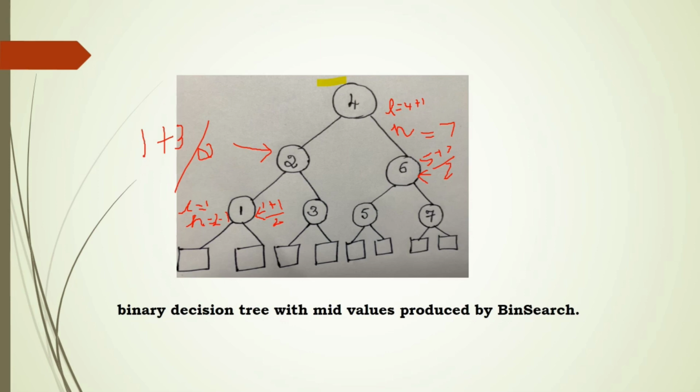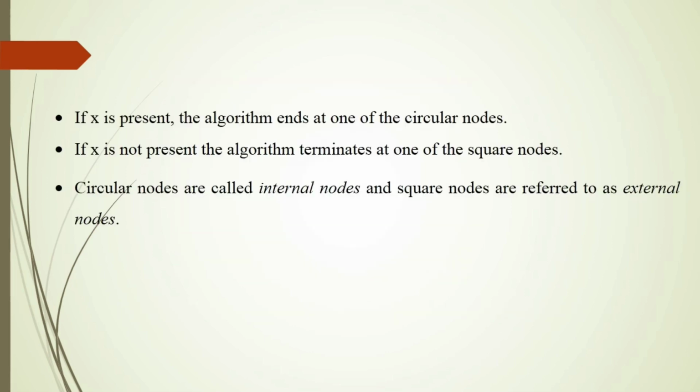Now all successful searches will end at one of the circular nodes and unsuccessful searches will end at the square nodes. If the key element X is present, then the algorithm will end at one of the circular nodes. What is the value present in the circular node? The value of the mid.